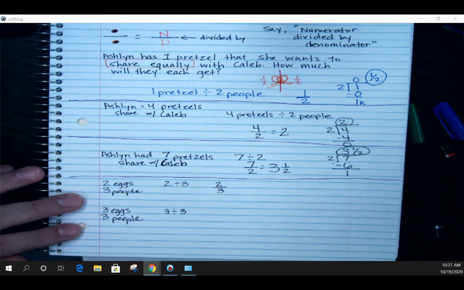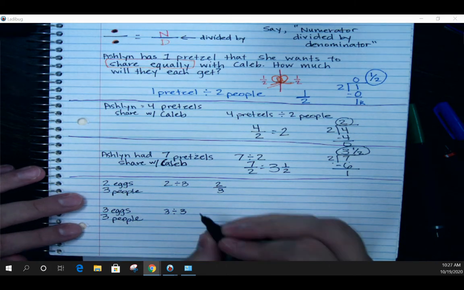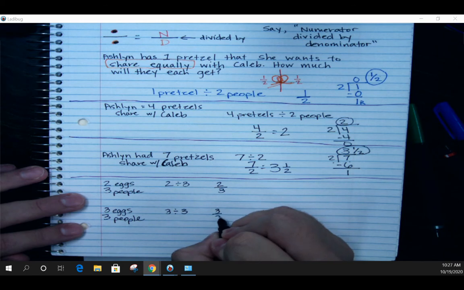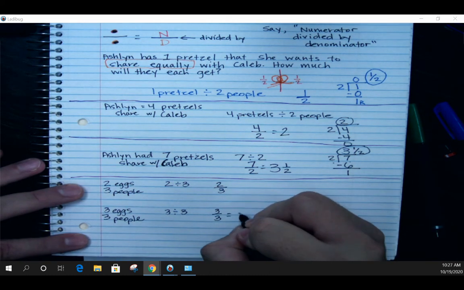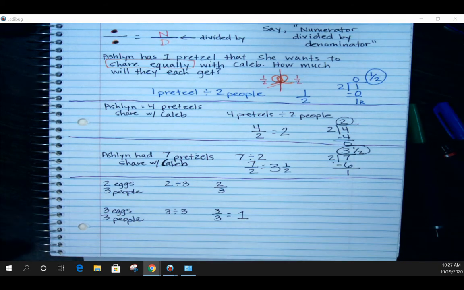What would that fraction look like? 3 over 3. Any number over itself is 1. 3 divided by 3 is 1. That means each one of y'all get 1 egg.